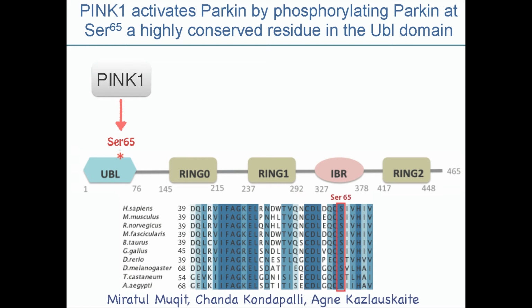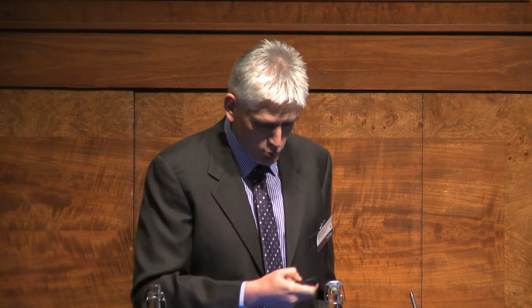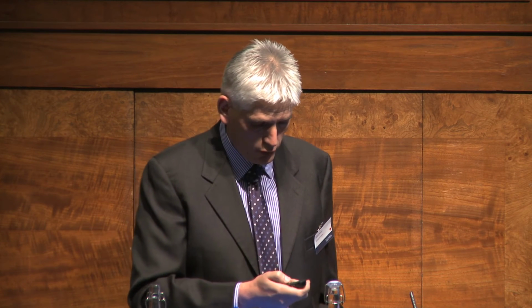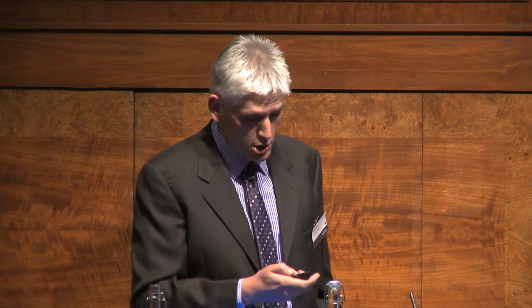I'm not going to go into the nuts and bolts of this, but the critical phosphorylation site was thought to be serine 65, which, as expected, is highly conserved throughout evolution. We published a paper showing this, and we thought the whole pathway was solved. But then Agne did one further experiment which suggested that there was more to discover. Before I tell you about that one experiment, I just want to show you how our assay works.